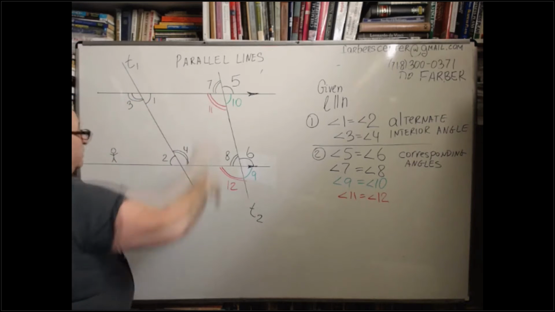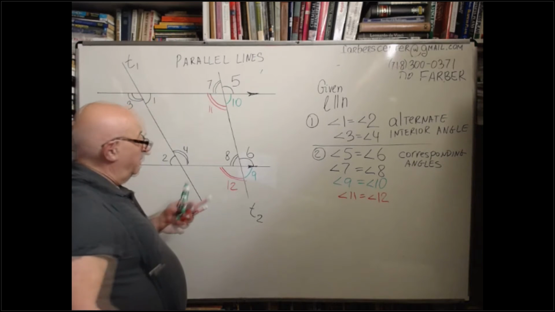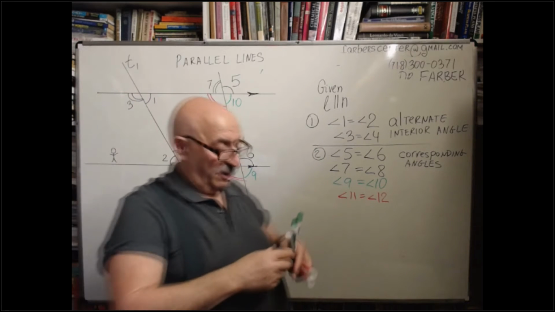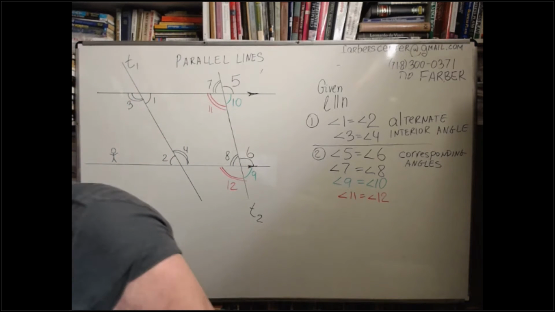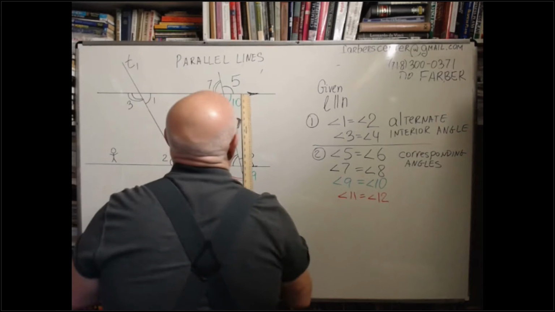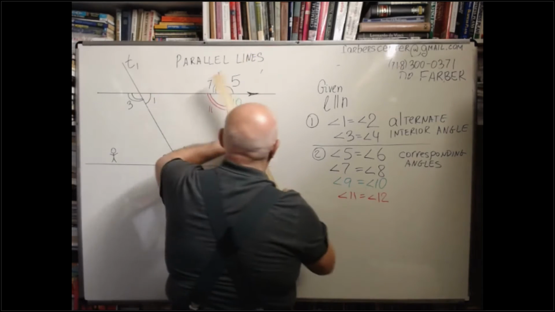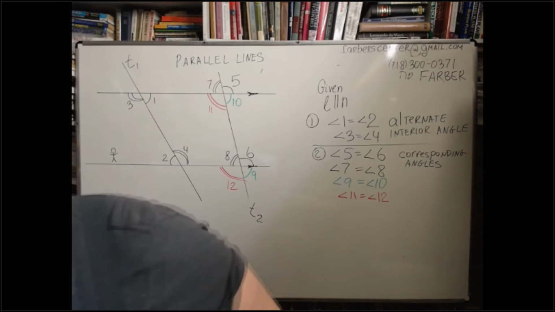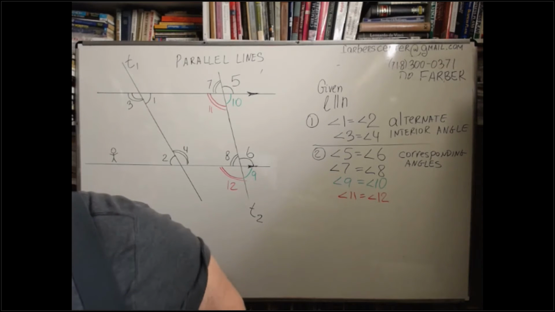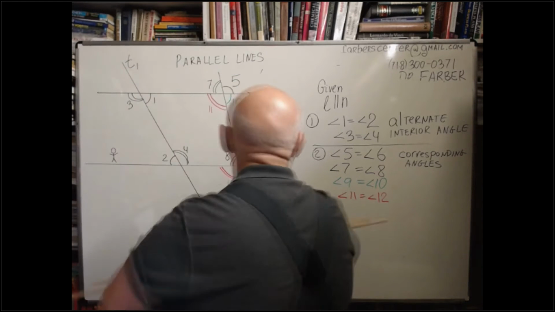Snow, rain outside. I need one more transversal. Let me make a transversal in green color. One more kind of angle. Pretend I have another. I expand this one. I expand this. Make it longer.